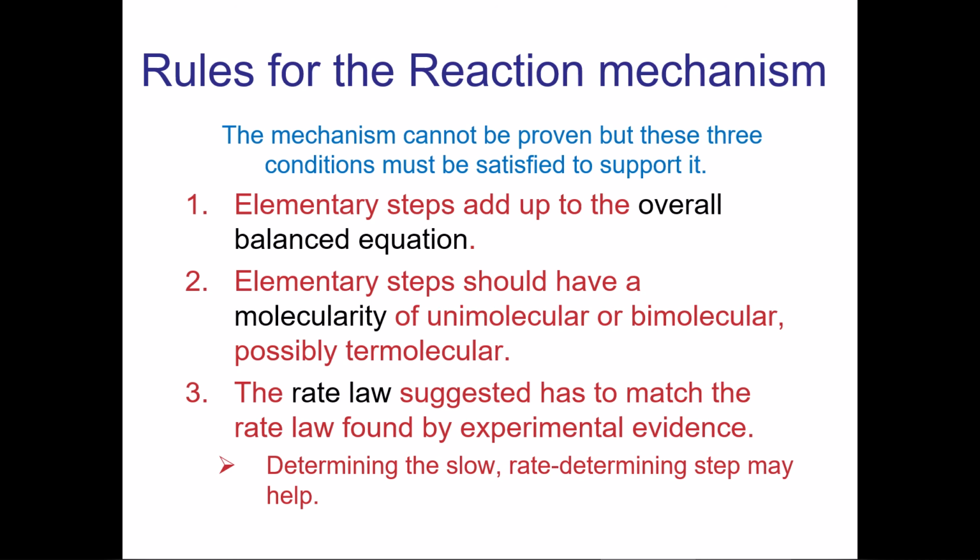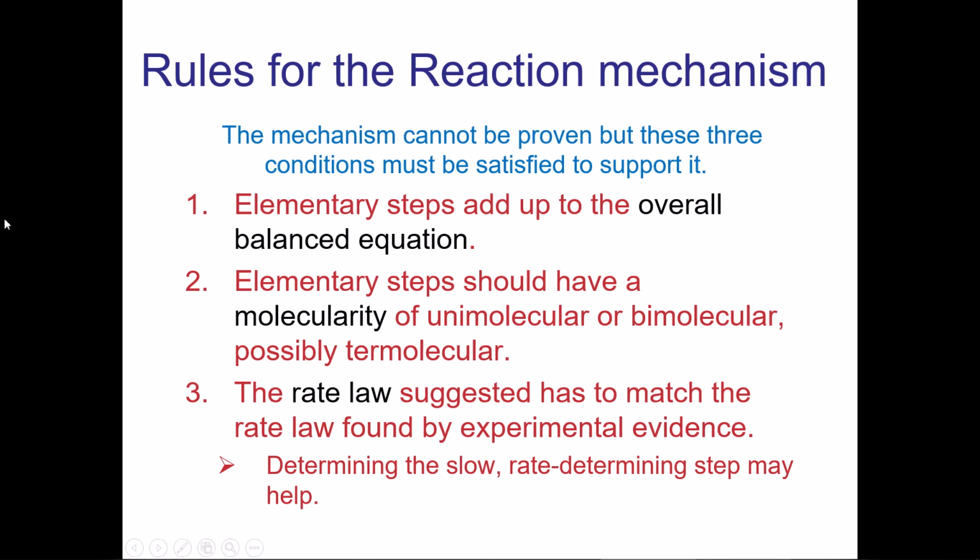Number 2, all of your steps should be either unimolecular or bimolecular. Very rarely can you have a termolecular molecularity, and nothing greater than termolecular is allowed. So when you break down your reaction, you have to make sure that all of your steps are either 1 molecule breaking down or 2 molecules colliding, and at the very worst, 3 molecules colliding.